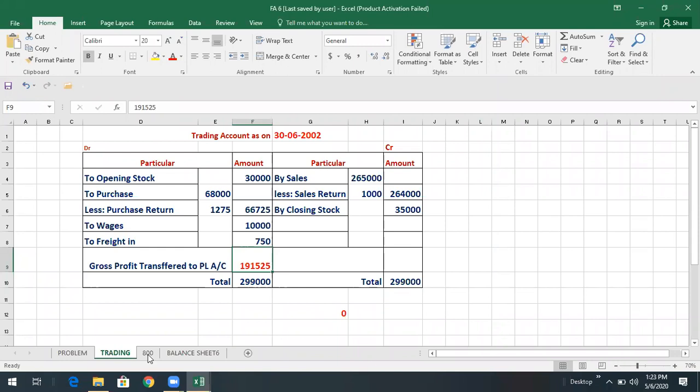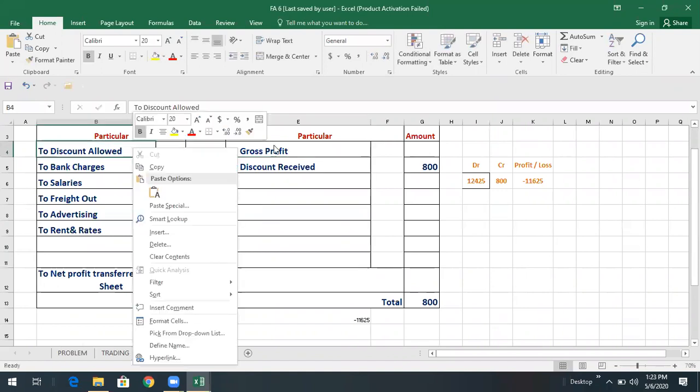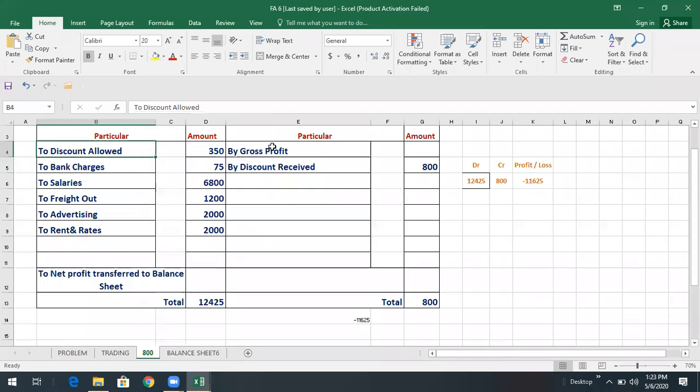I am entering it in the profit and loss account credit side as by gross profit. If it were a loss, you would enter it on the debit side, but this is a profit, that's why I'm entering it on the credit side.